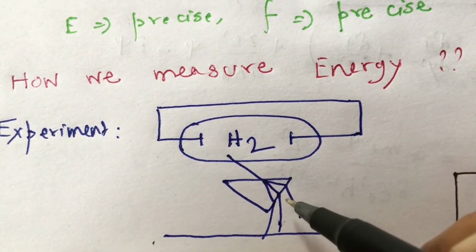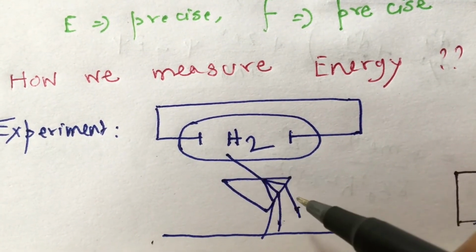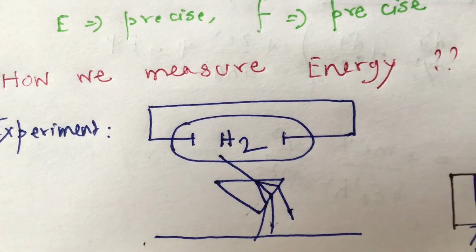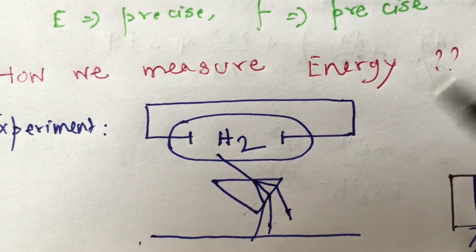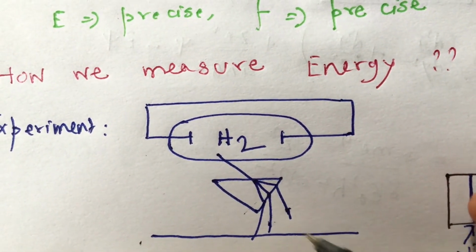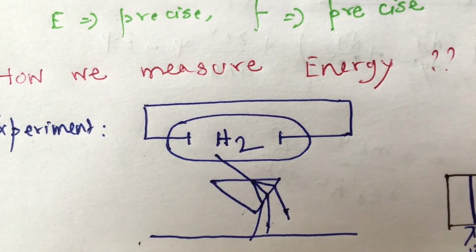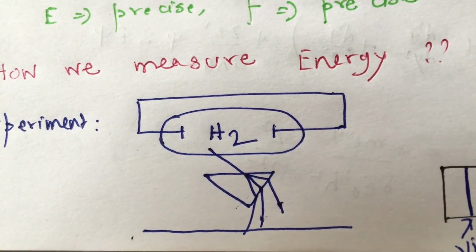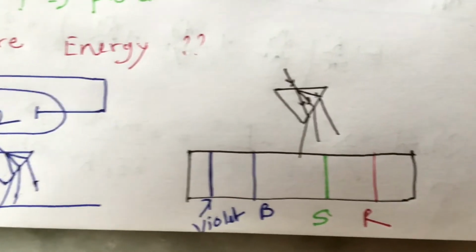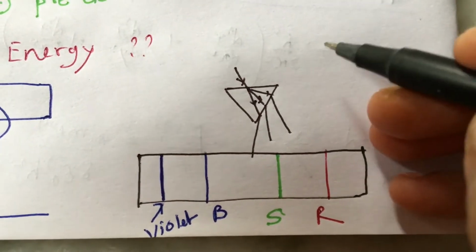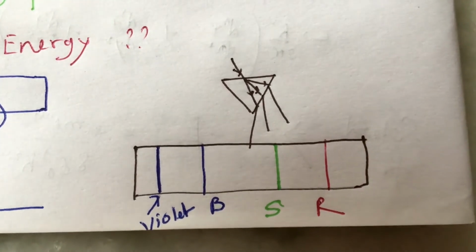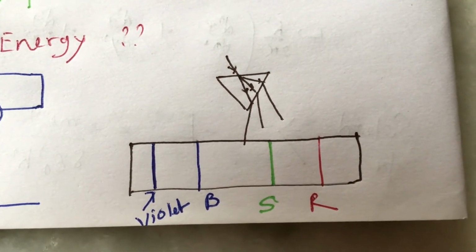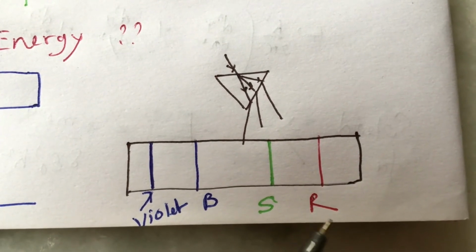If we make this outgoing light fall on a prism, as we know, depending on the frequency of light, the prism splits the light into all its frequencies. So after coming out from the other side of the prism, a spectrum can be obtained in which there are several lines.